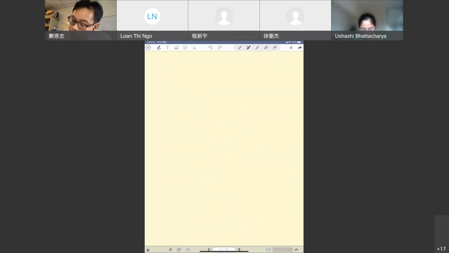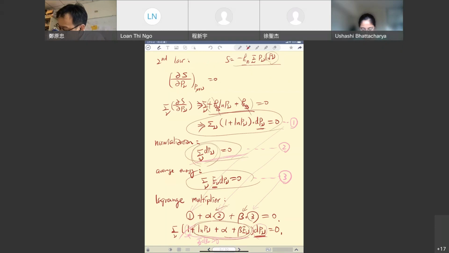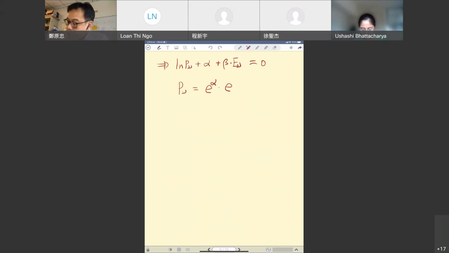So each term must satisfy this condition: natural log p nu plus alpha plus beta times E nu must be 0. So our p nu then must be something exponential: exponential of minus alpha, sorry, so this minus beta E nu.